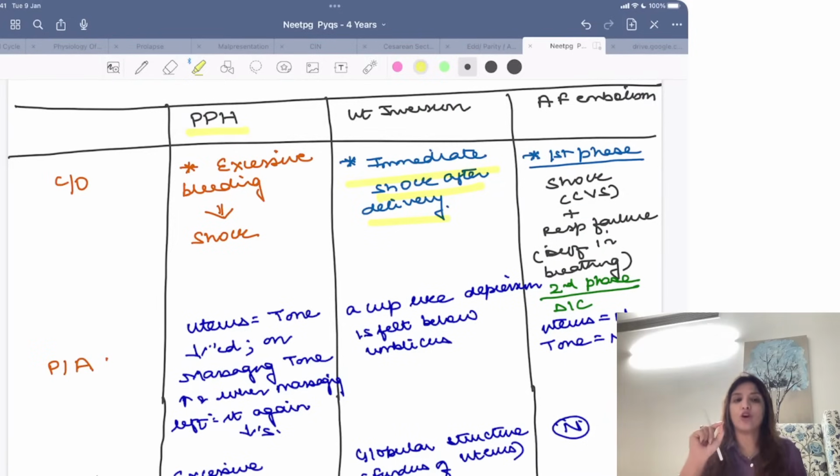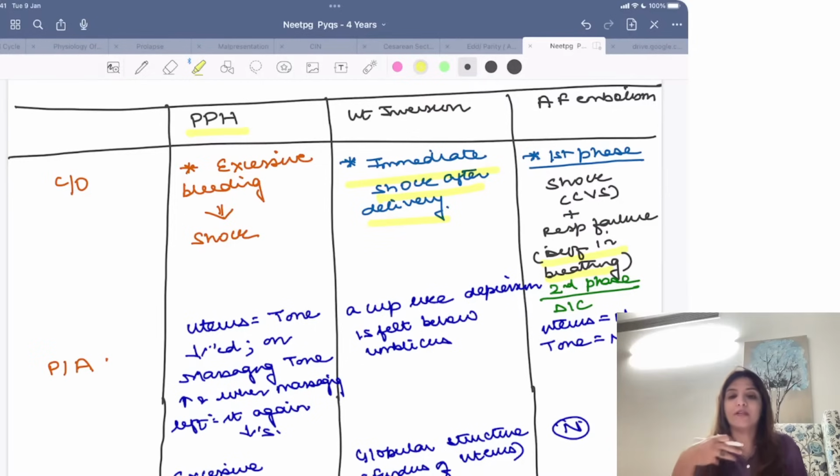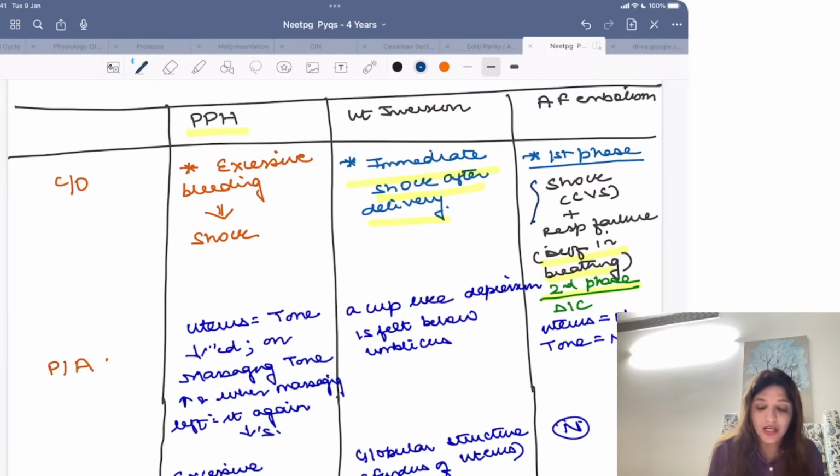In case of amniotic fluid embolism, you are going to get a very typical history where initially the patient is going to have respiratory failure and heart failure. So there are going to be words like difficulty in breathing, breathlessness, hypoxia, and the patient will be in shock. If the patient survives this phase, then she goes into DIC. So initially the bleeding is less.